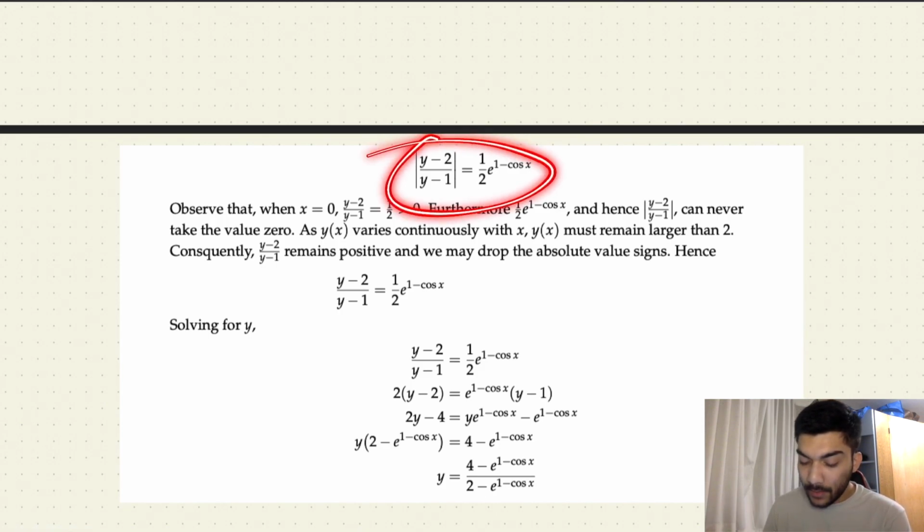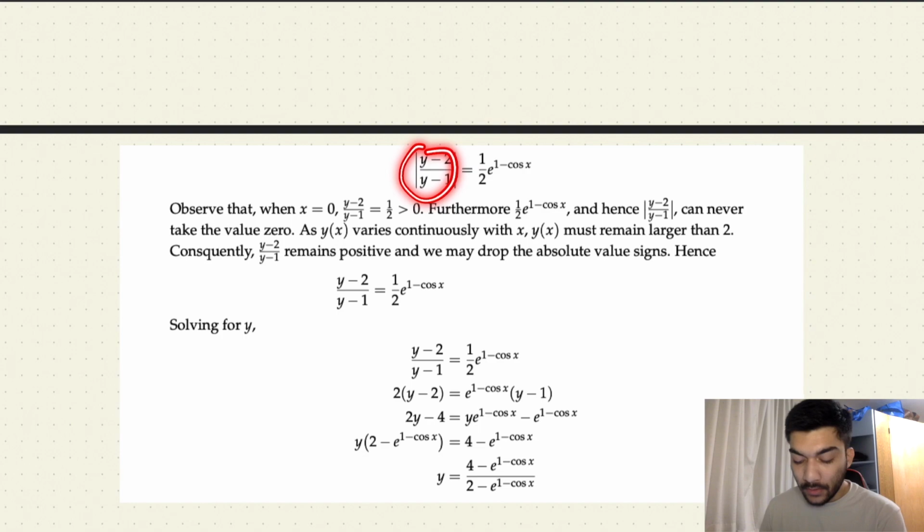So you'll get this expression, and there is an important consideration you have to make in order to get rid of this absolute value sign on the left-hand side. You cannot straight away get rid of it, because when we get rid of absolute value signs, we always add a plus-minus term. In this case, you can clearly notice that the right-hand side is an exponential function, so it can never take the value of 0.